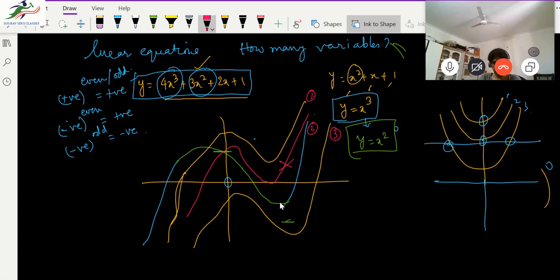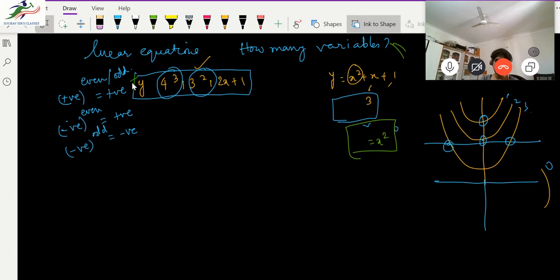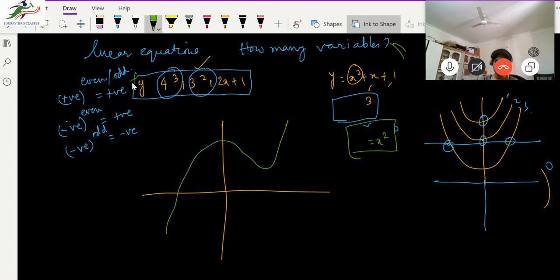So if I take the first case, how many roots will be there? Let me just redraw this. It's too messy. So case 1, I have a curve like this. How many roots will it have?